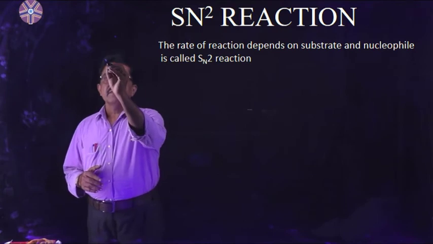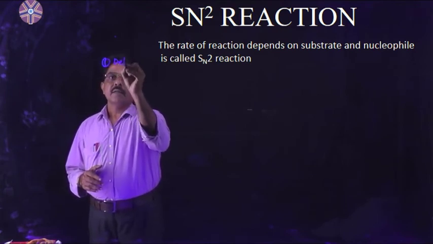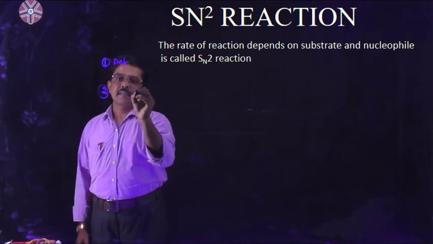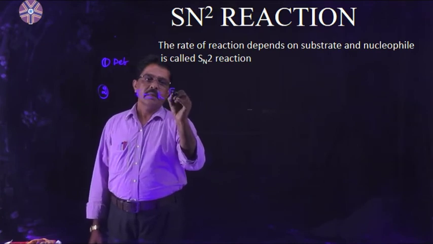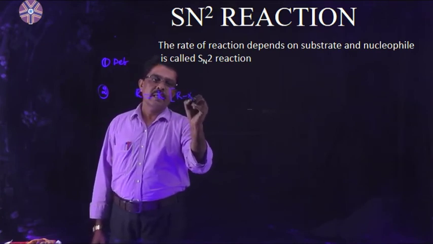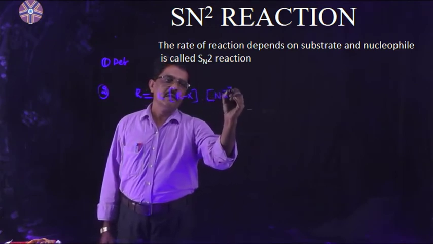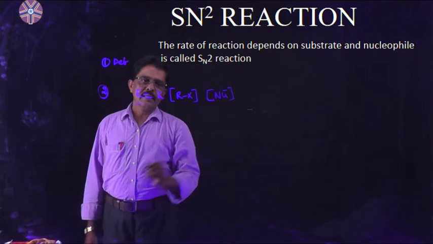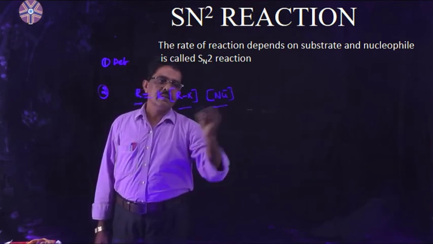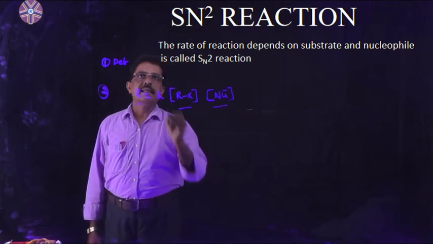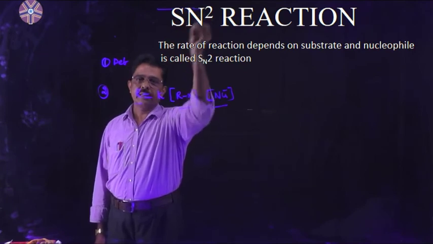So, the rate of reaction is R = K [alkyl halide][nucleophile]. So, the rate of reaction depends upon the concentration of alkyl halide and the concentration of nucleophile. Hence, it is said to be an SN2 reaction. Right?